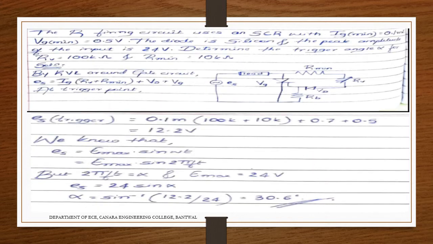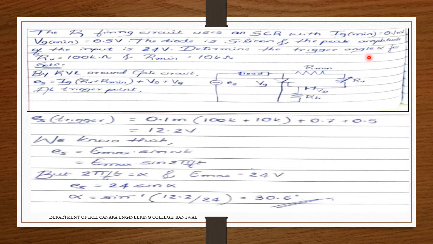Next one. This is regarding the firing circuits. The R firing circuit uses an SCR with Ig minimum equal to 0.1 milliamps and Vg minimum equal to 0.5 volts. The diode is silicon and the peak amplitude of the input is 24 volts.